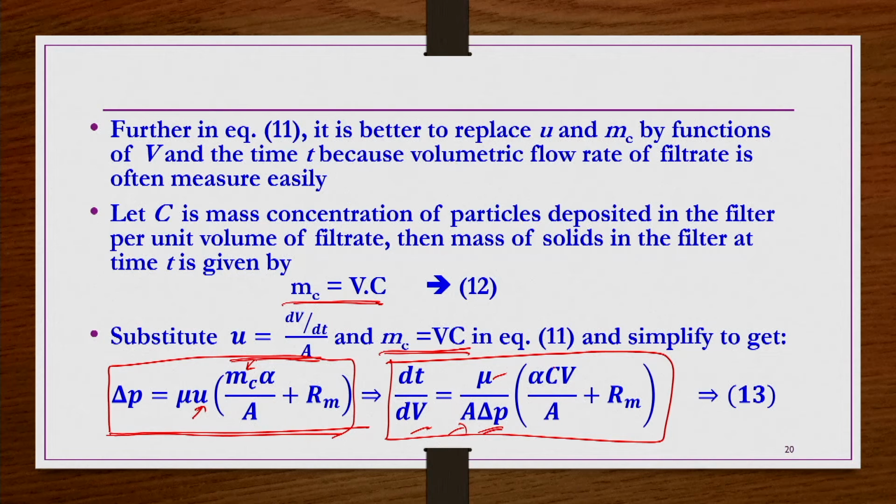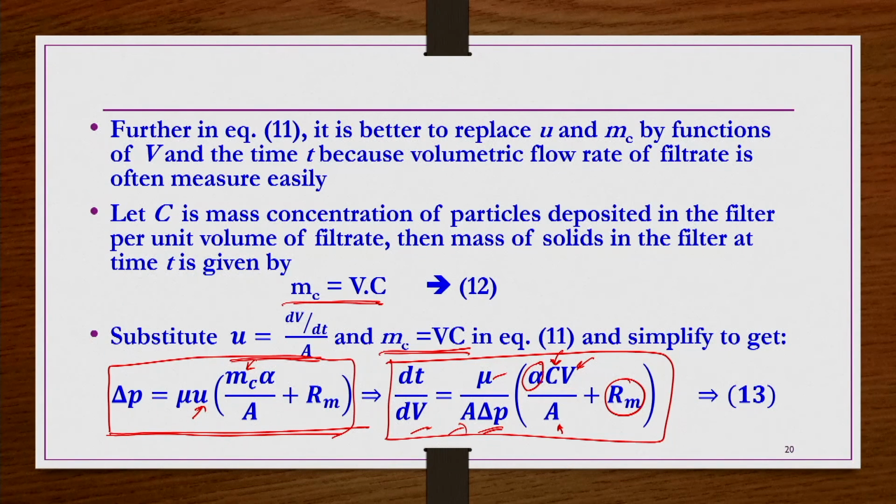So, V is known, A is known. If you wanted to calculate alpha and Rm, everything is known except this C. What is this C? How to calculate it? Experimentally you cannot measure how much mass is deposited on the filter medium per unit volume of the filtrate, especially during the process of filtration.